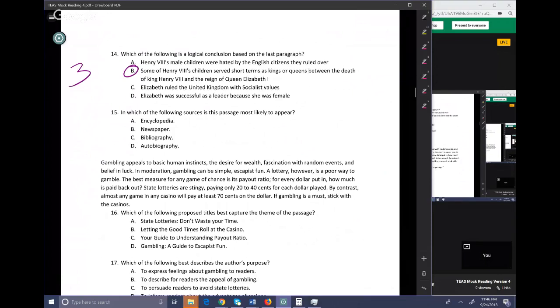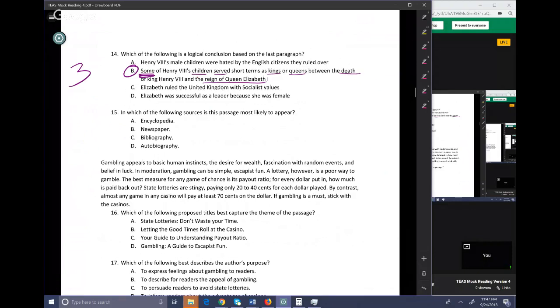In other words, you can infer that he did have other kids in the interim, so he had daughters, we can assume. So it is fair to say that some, we don't know how many or what gender or anything like that, of his children did serve terms as kings or queens between his death and the reign of Queen Elizabeth, who ended up in charge for a long time.